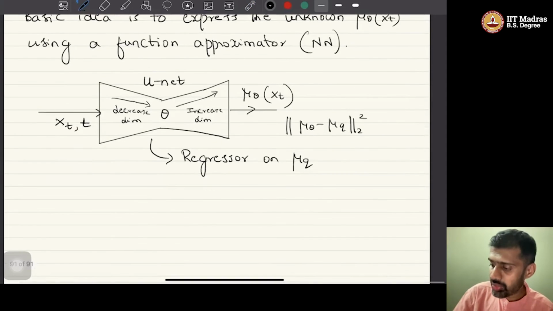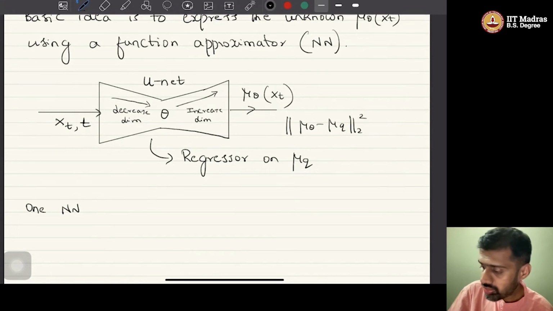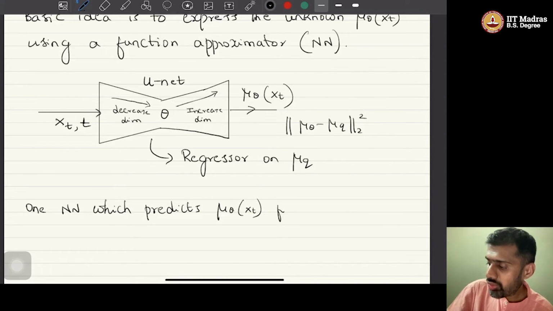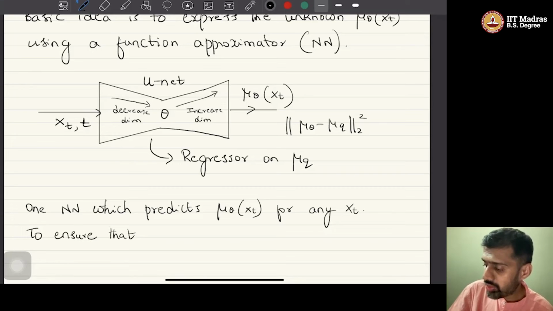So let us write that down. There is one neural network which predicts or regresses mu theta of xt for any xt. Okay. The other detail is to ensure that the neural network has an idea of time.